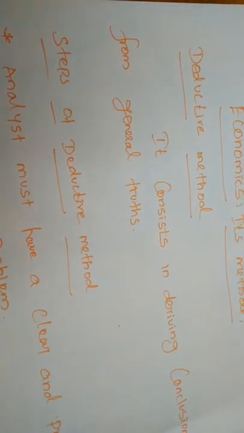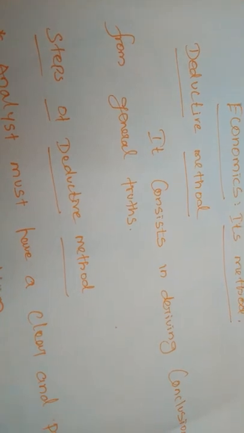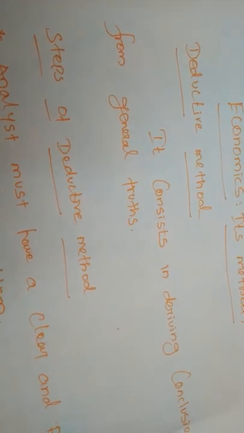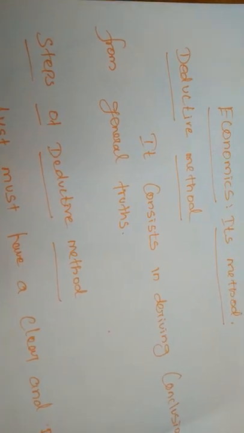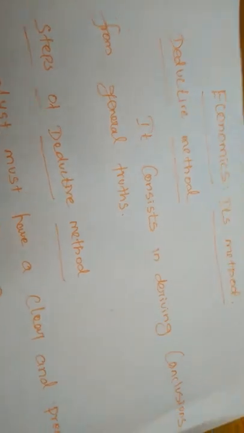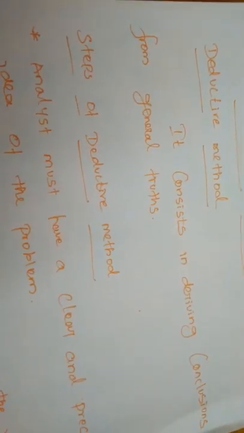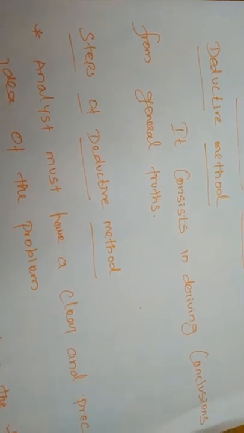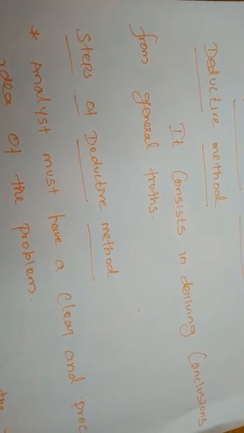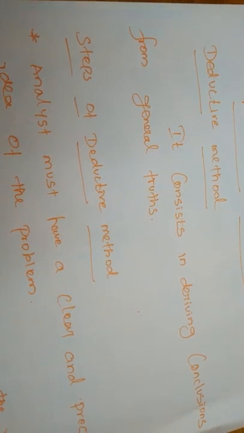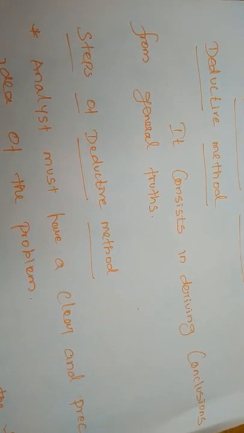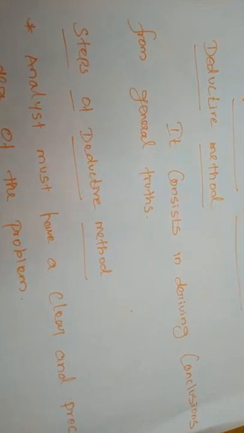But if the price increases first, the demand for the commodity will decrease. So there are inverse relationships. For analyzing this demand law, we have to take much data, and the conclusions are drawn from the general truth only.